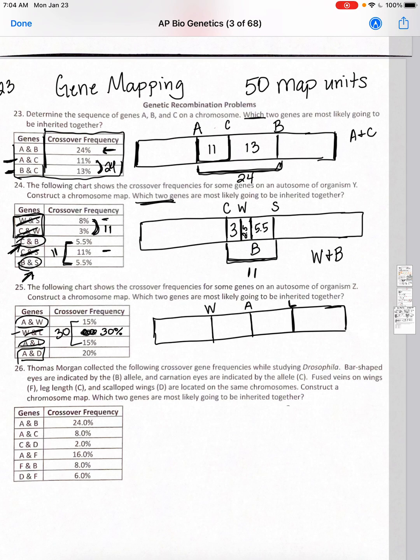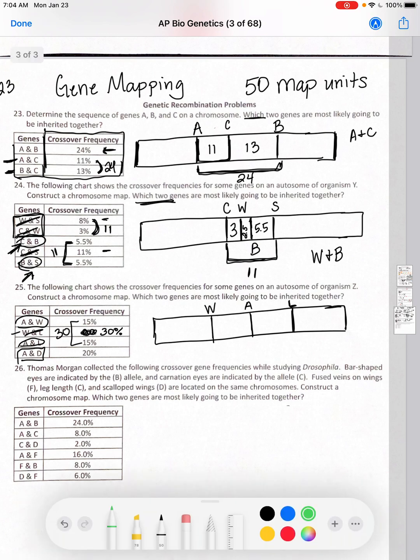For D, they only give us information as far as how far away it is from A. We don't know anything about how far D is from W and L. So for this situation, and I'm going to do this in a different color so you can see what I'm talking about, we know it's 20 map units away from A. We have no idea what side of A that could be on, because we know that this map unit is 15 and this is 15. It's 30 total. But we don't know where D is.